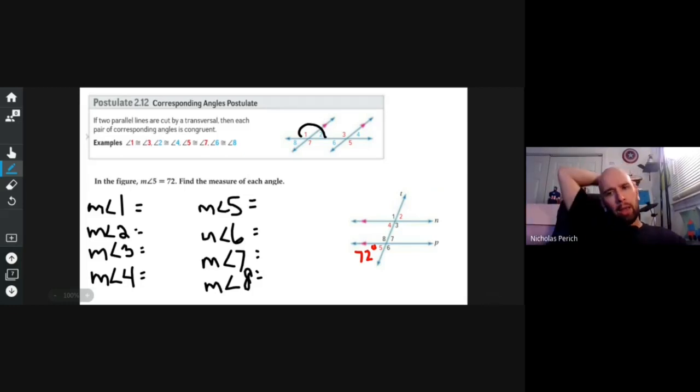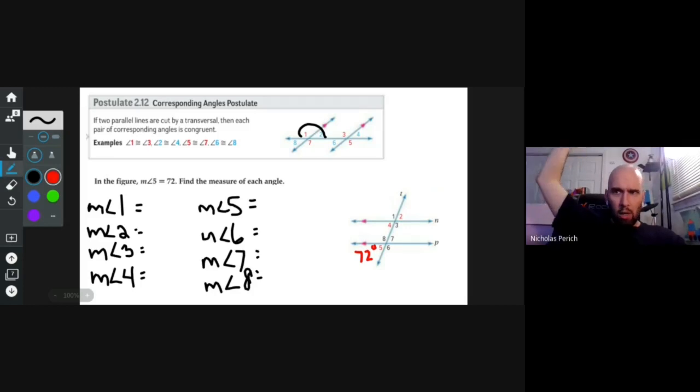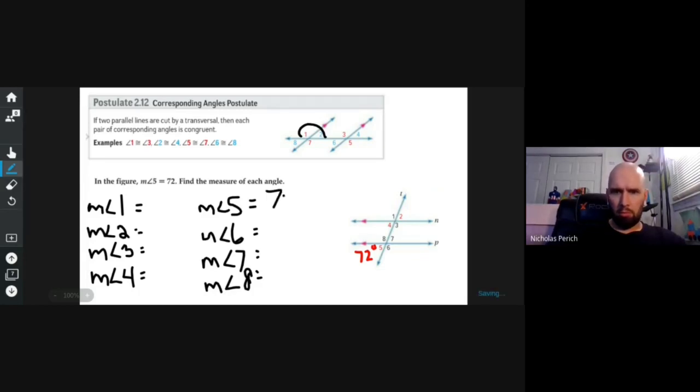If 5 is 72 degrees, in the chat, give me something else that's 72 degrees. Six is 72 degrees. I don't agree with the 6, but I do agree, Miss Patel, with the 7 is 72 degrees, because 5 and 7 are vertical.